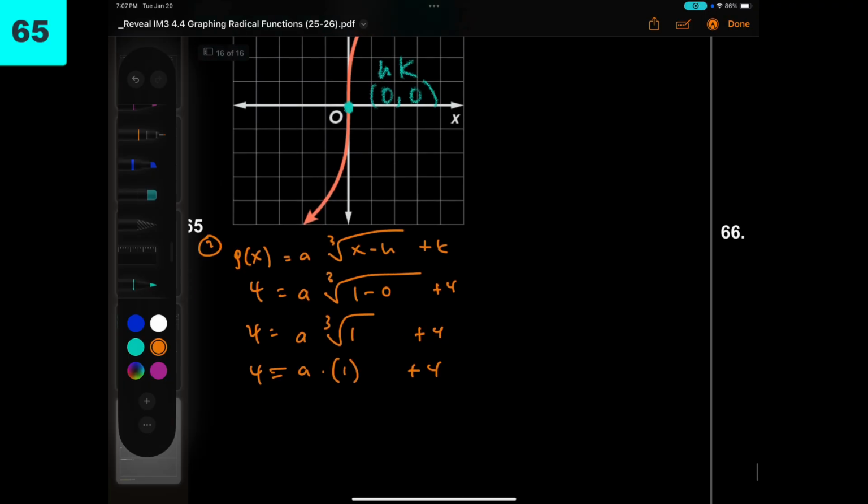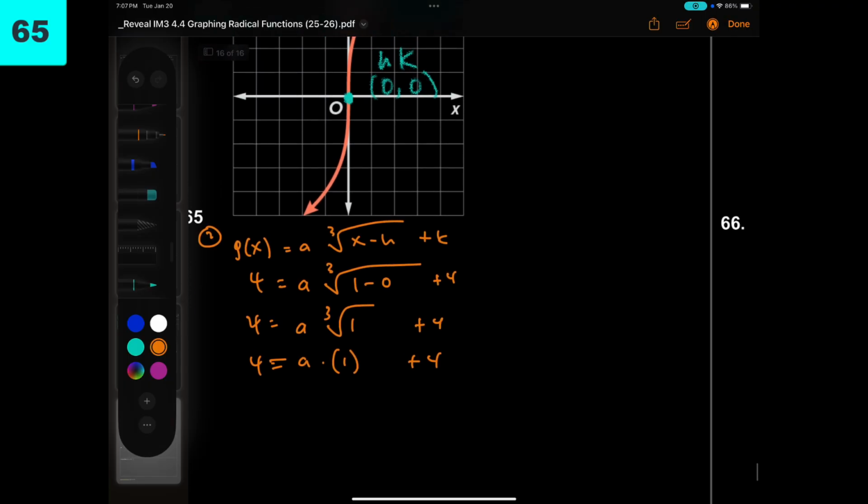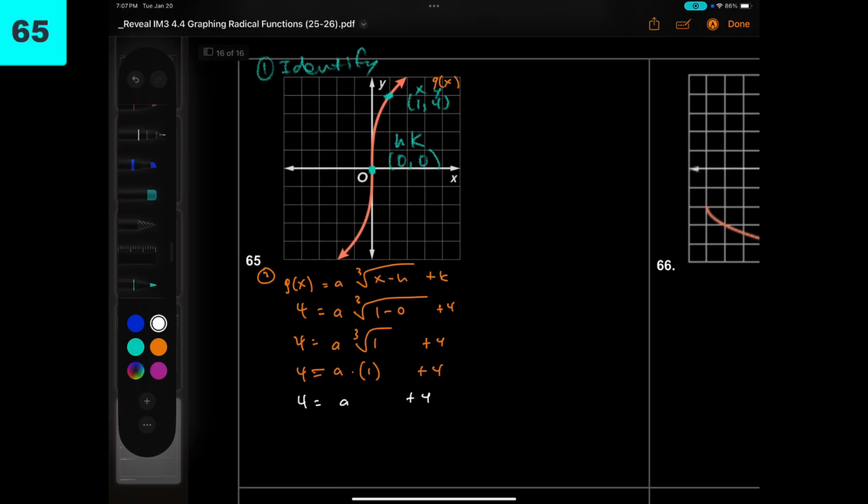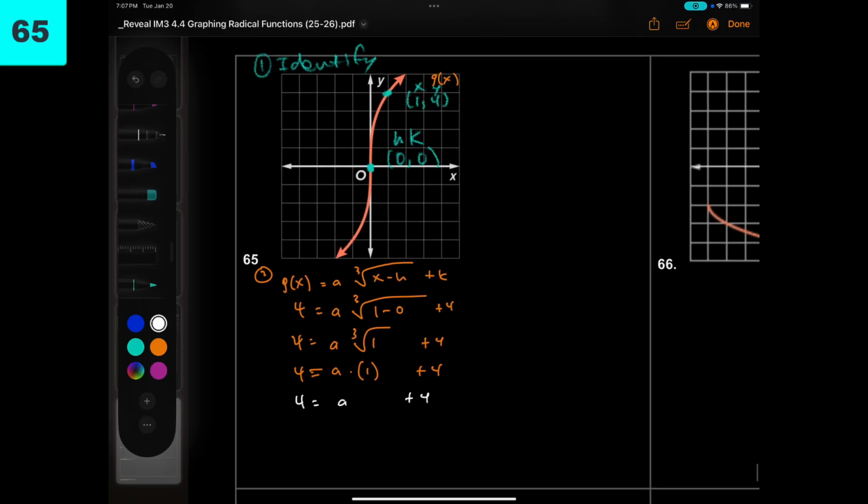Remember not to add the 1 and 4 together. Multiplication first. And then the k value is 0. So that just means our a value is 4.